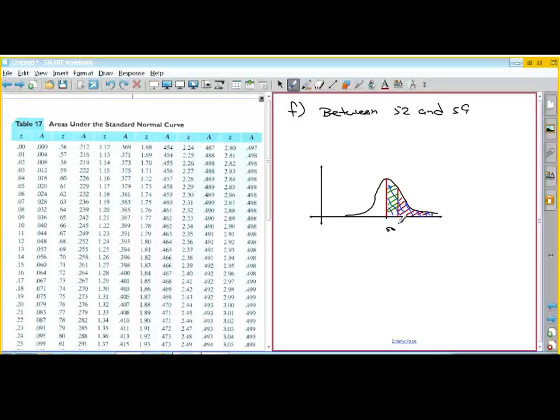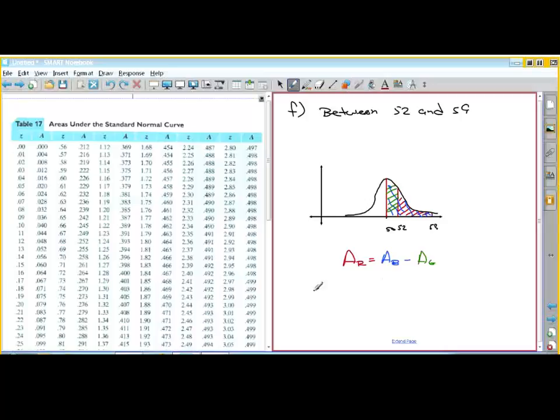And that difference will give us the red area. So we have to do a subtraction in this case. The red area is going to be the blue area minus the green area.